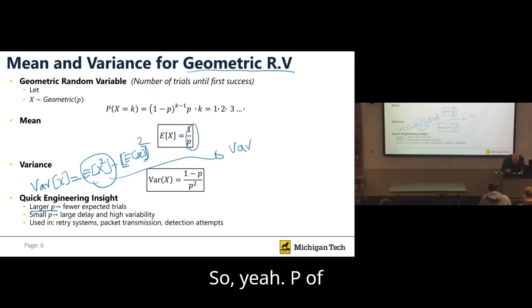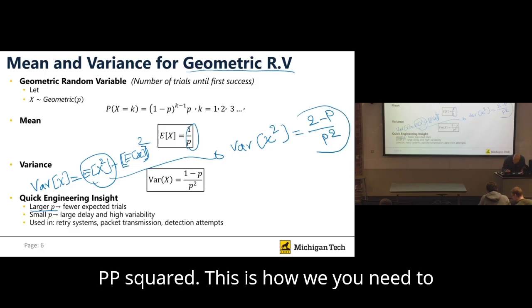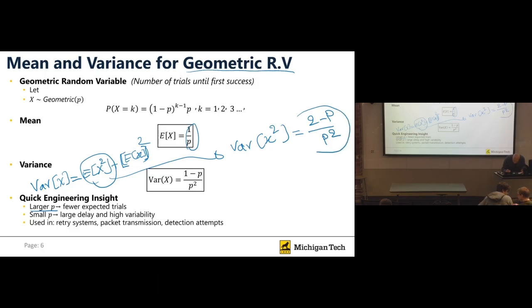So the variance of x squared is 2 minus p squared. This is how you need to compute that.